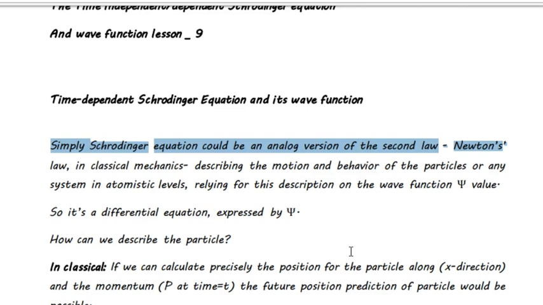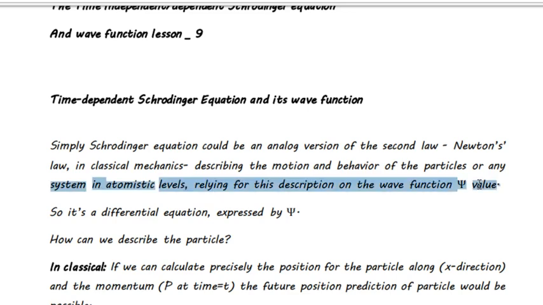But in classical mechanics, describing the motion and behavior of particles or any system was relying on determining the position x and the momentum of those particles, rather than in quantum mechanics, where we are dealing with a different description, because we are going into the atomistic levels. So we need to define the function which is called the wave function.